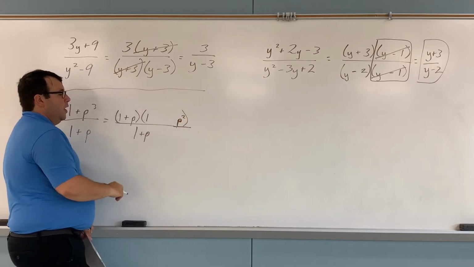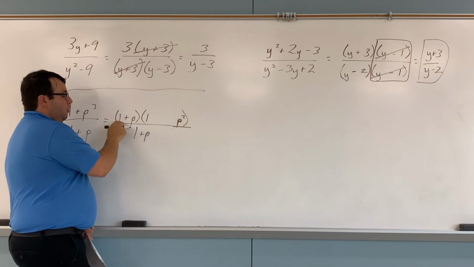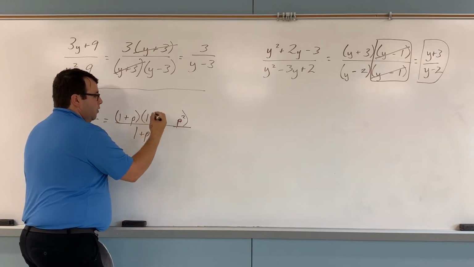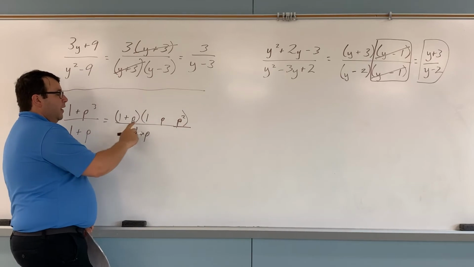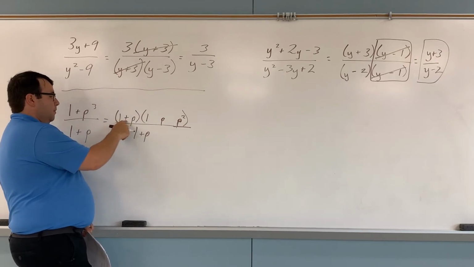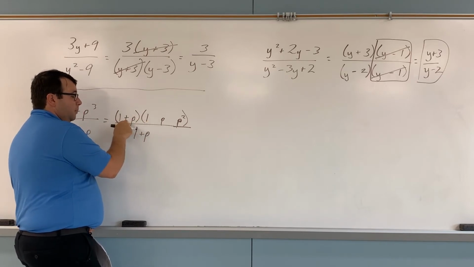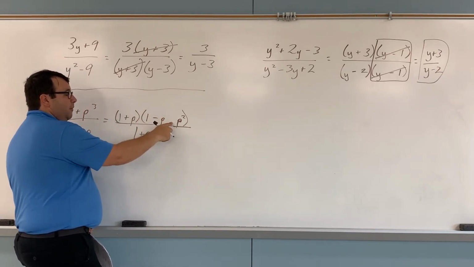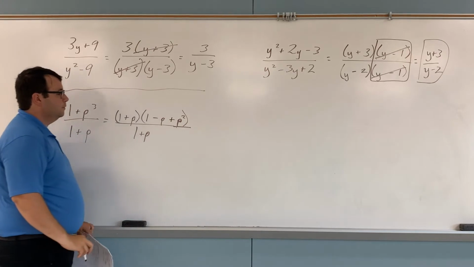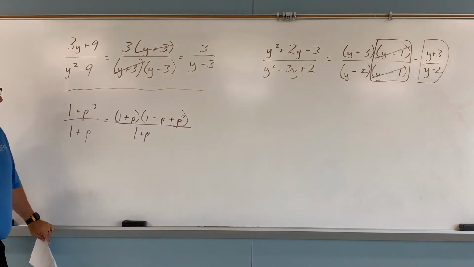There we go. My middle term is these two multiplied, so that's just 1p or just p. And my signs are the same as the original, opposite, and always positive. Cool. Is there anything I can cancel?